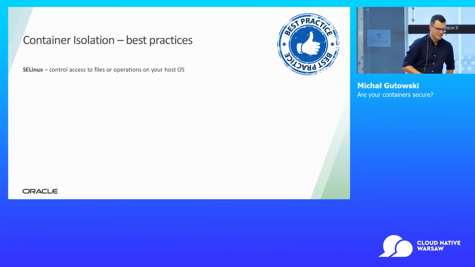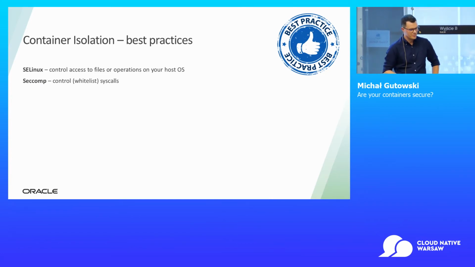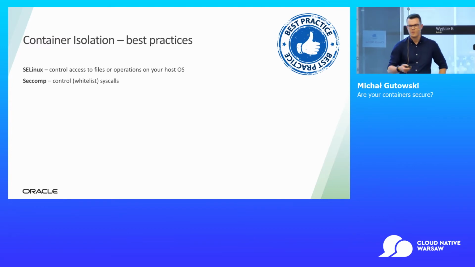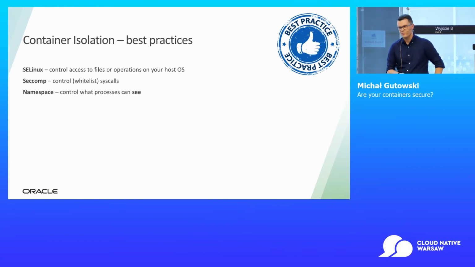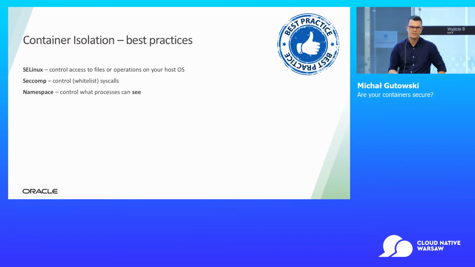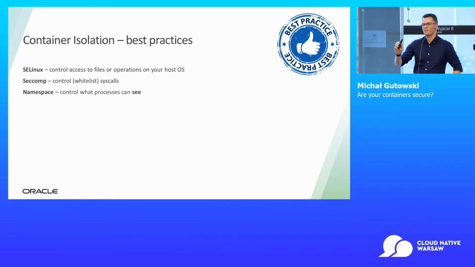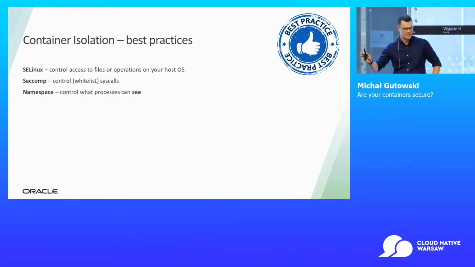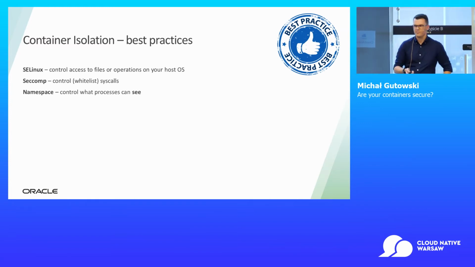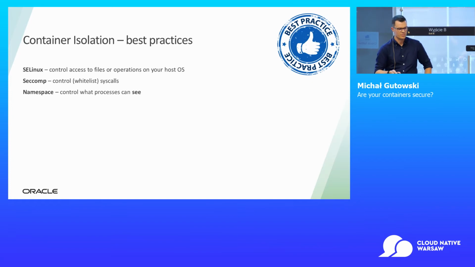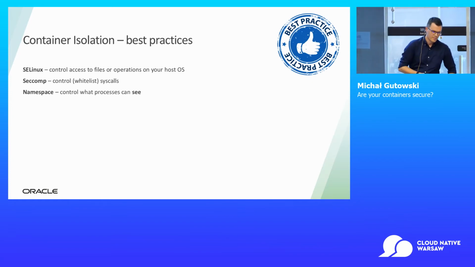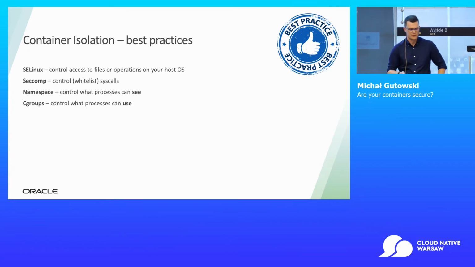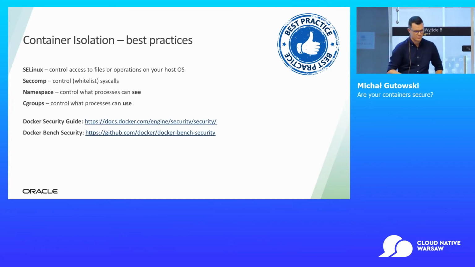Unfortunately, you need to know SELinux. You need to know what seccomp is, how to whitelist syscalls from your containers. You need to be familiar with namespaces, and I'm not talking about Kubernetes namespaces. That's a different story. Namespaces of the Linux kernel: what your Linux processes can see. You need to know what cgroups are: what your processes can use.